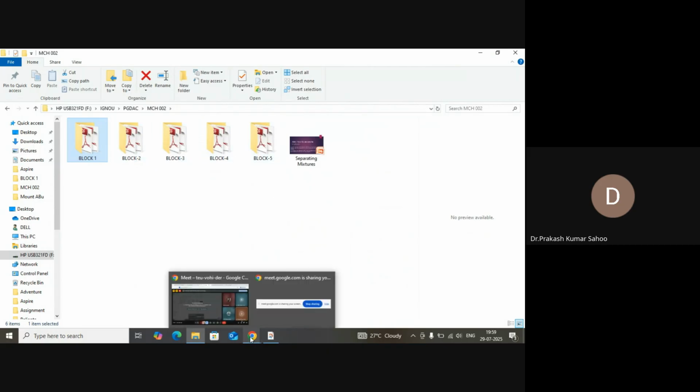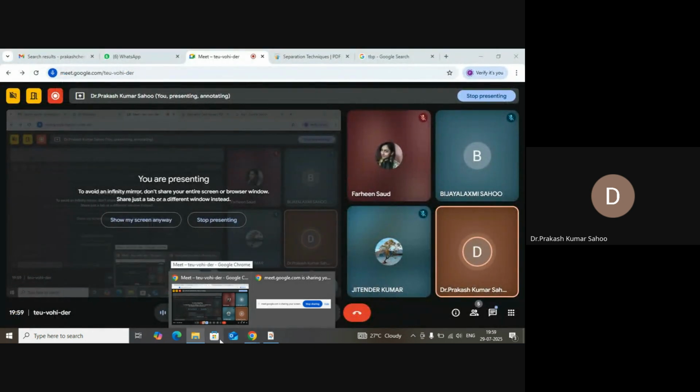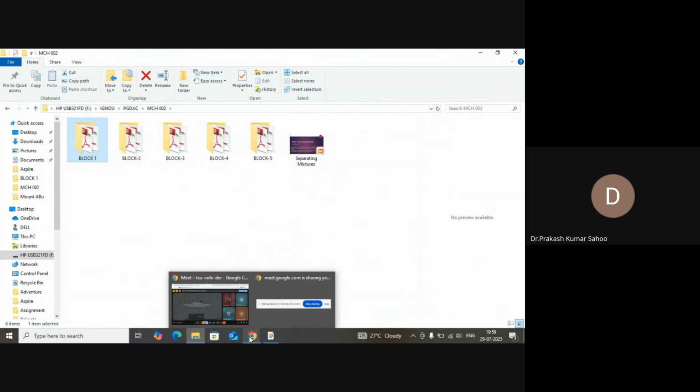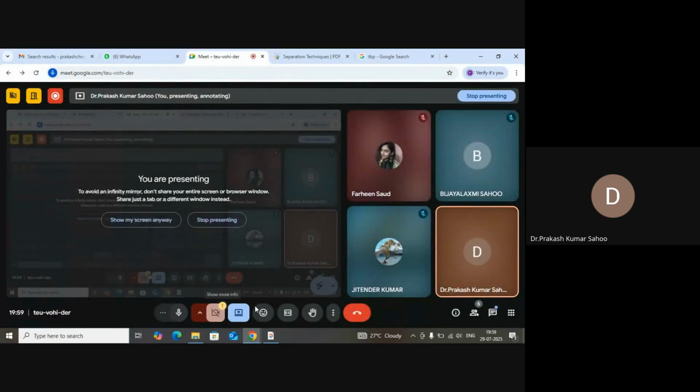So that's why at the end I am bound to speed up the teaching process. It is more or less important what your understanding is, and depending on your understanding, you may write your paper very easily. Just try to remember 1 to 2 examples only, not all the materials that are kept in your PDF. Okay. So anything you wish to share, any problem, any question you may ask, else we may wind up the session.